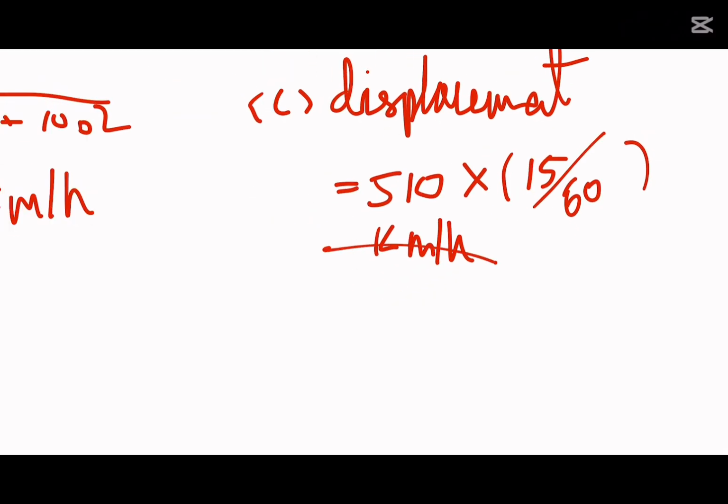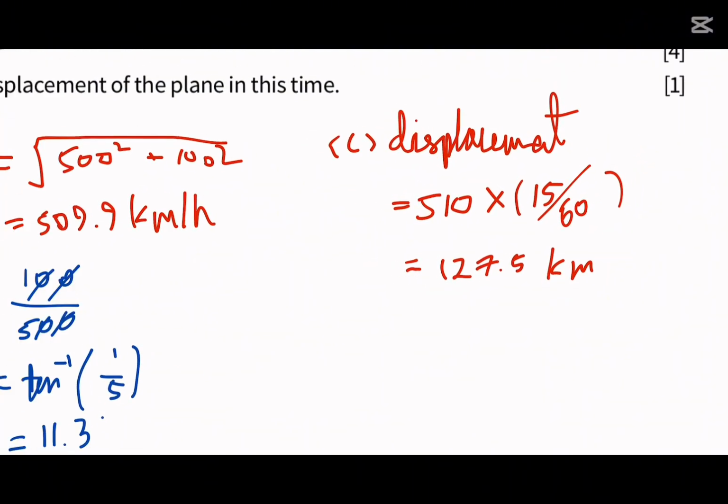So 510 multiplied by 15 over 60 gives 127.5 kilometers, roughly speaking.